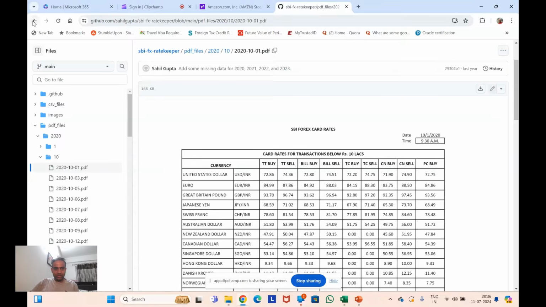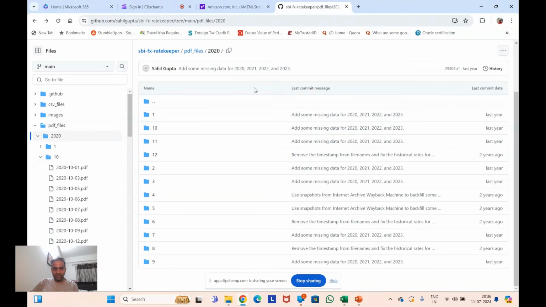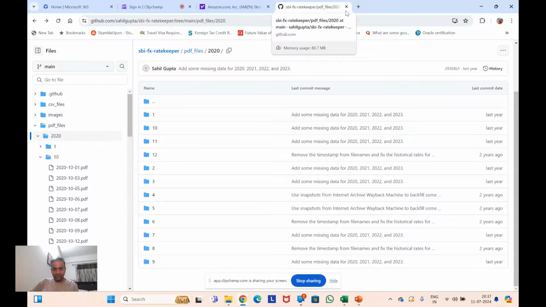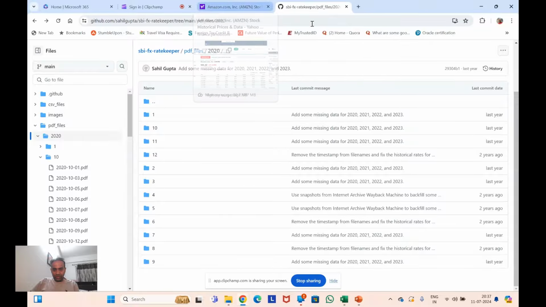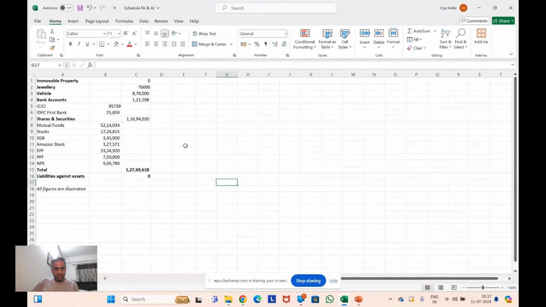I know this is a bit tedious, but at least all the details are collated here. I have already entered that in my Excel, so I'll probably share that sheet as well, so that you can refer to it for your calculations.